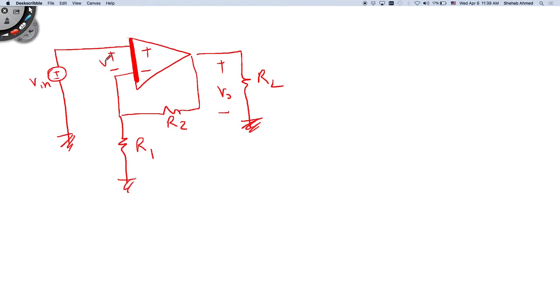What did we say about Vi? As soon as I have the right feedback, I drove Vi to 0. Vi is equal to 0, that means the input currents here are equal to 0. These input currents are equal to 0. And I will call the voltage across this resistor V1.